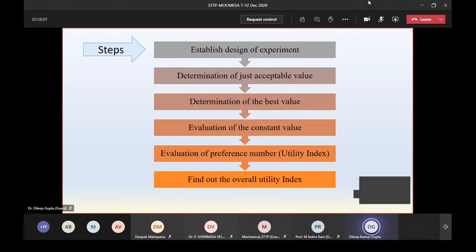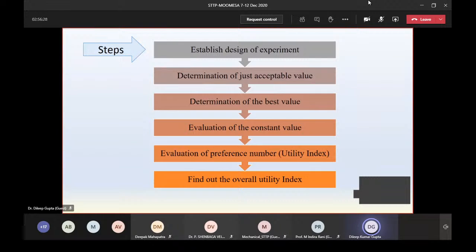The highest value will be ranked 1 and the lowest value will be ranked last, as the worst of those particular choices, whatever alternatives are available to us. Am I clear?